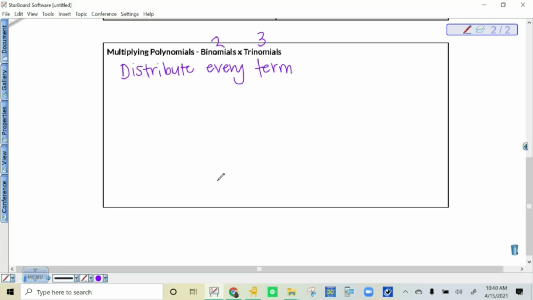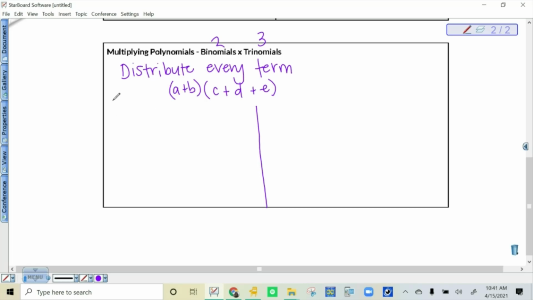So we had 2 ways of looking at it. Let's say we have A plus B times C plus D plus E. This is a binomial times a trinomial. So now we can think about it 2 different ways.